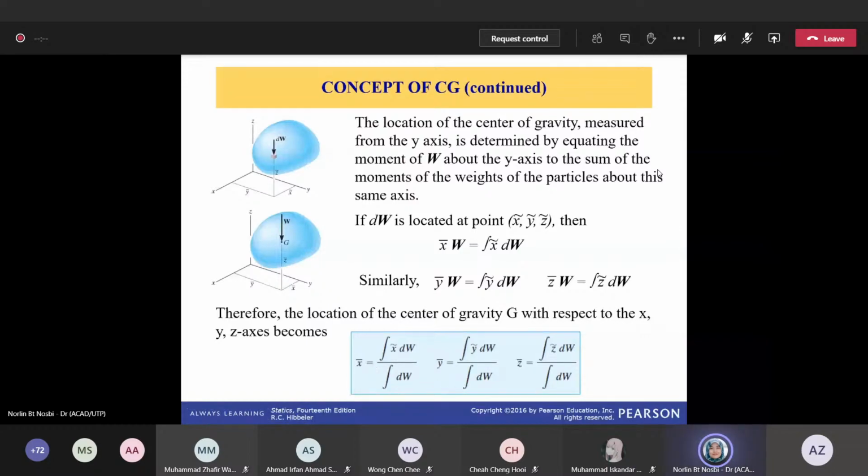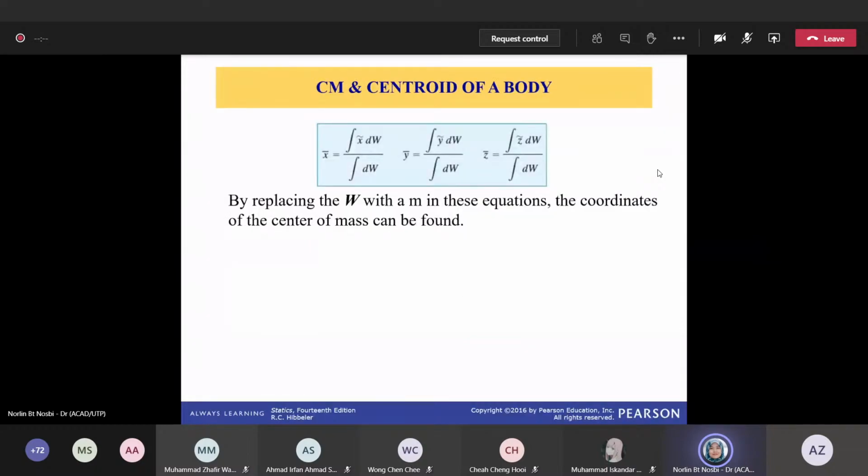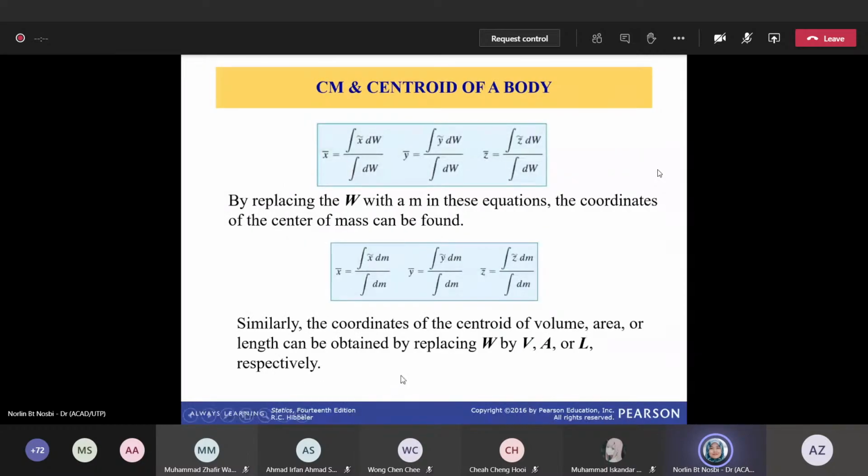Now we will look at the center of mass. What is the difference between center of mass and center of gravity just now? Okay, for center of gravity, you need to use weight. So for center of mass, you change the W with M, with mass. Or if the question asks you to find center of volume, you can change the W with V. If the question asks you to find the center of area, you can change the W with A, area.